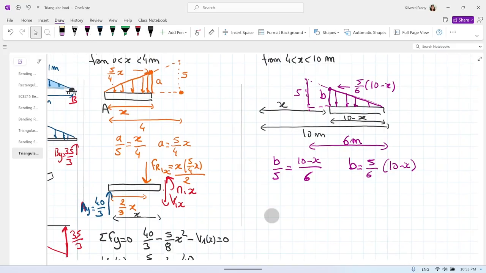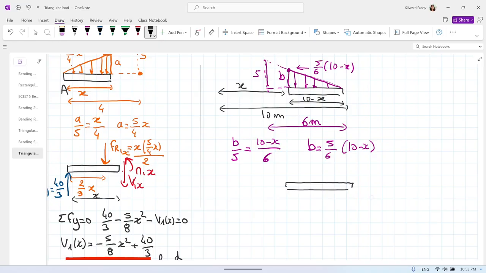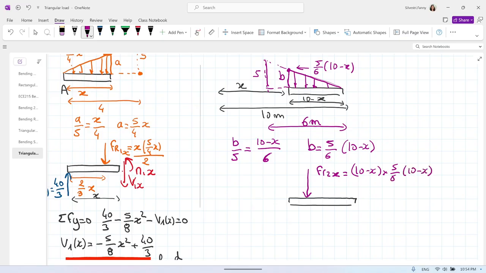Now step number 2, let's find FR2x. So we have our beam, and FR2x will be somewhere there. It's equal to what? The length of the base of the triangle, 10 minus x, times the force, 5/6 times 10 minus x, and everything divided by 2 because it's a triangle.